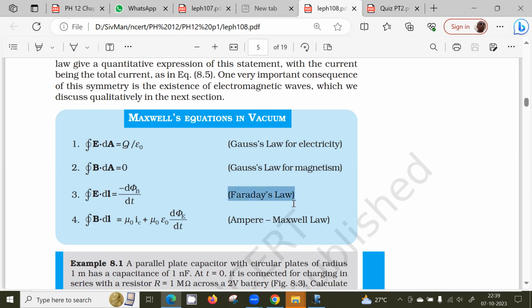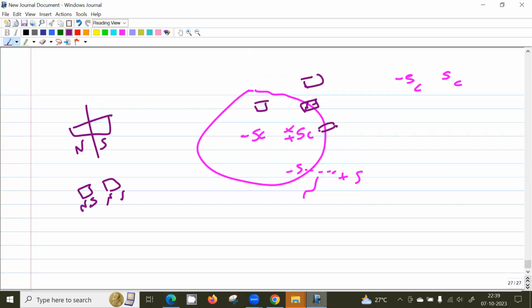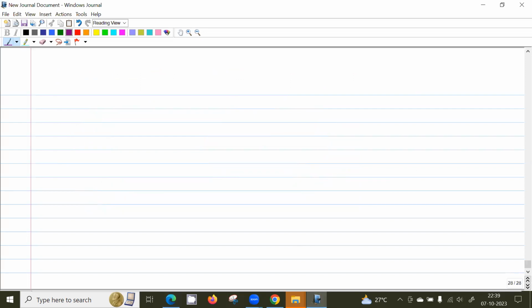And the third law is Faraday's law. The third Maxwell equation says the induced EMF is d phi by dt, and this is nothing but voltage.